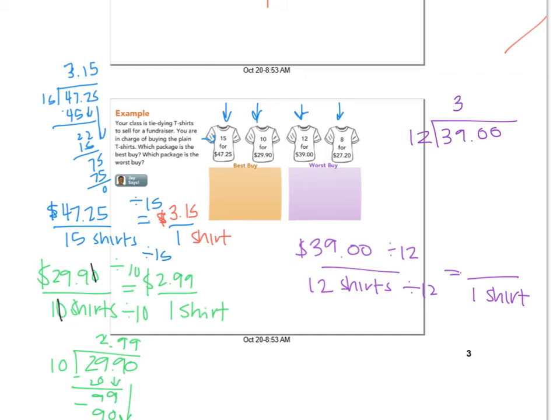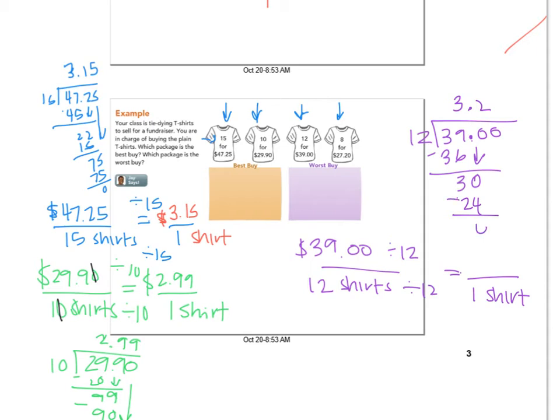How many times does 12 go into 39? That's going to be 3. So 12 times 3 is 36. Subtract, you get 3. Bring down your 0. Now since this is a decimal, we also have to have a decimal up top. So how many times does 12 go into 30? That's going to be 2. 2 times 12 gives us 24.